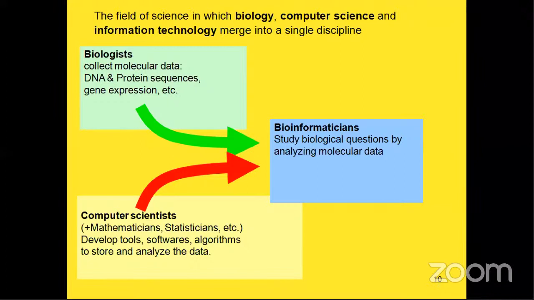And finally, the bioinformaticians produce the results of the analysis. That means as a bioinformatician, one has to be proficient in biology, proficient in running the computer tools, and also have some idea about the basic and fundamental disciplines like physics, chemistry, and mathematics.